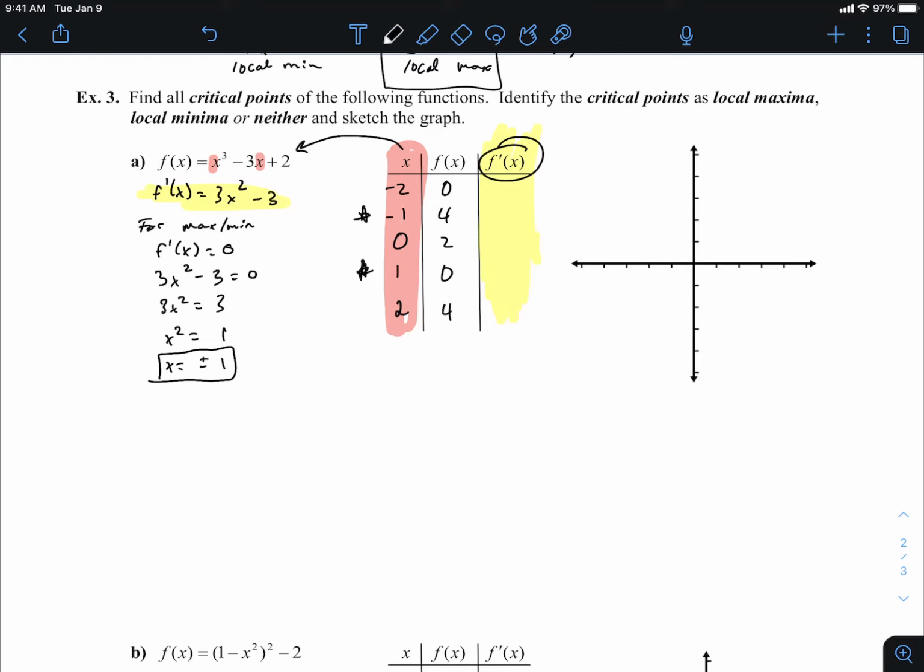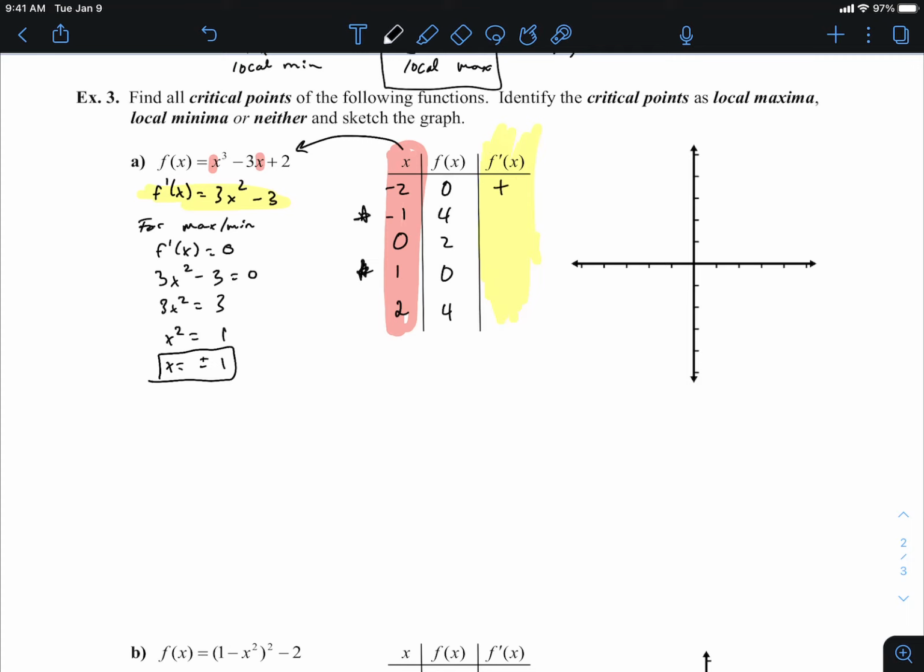The slope for a cubic function is going to have a whole bunch of different slopes. So the numerical value doesn't necessarily help you here, but being able to identify positive or negative does. Okay, so for negative 2, if I were to plug negative 2 into our derivative function, we're going to see that it comes out to be positive.